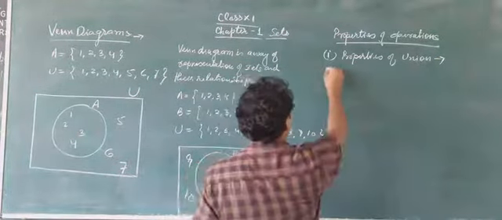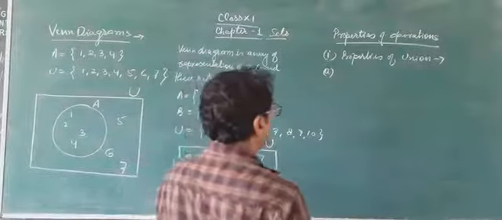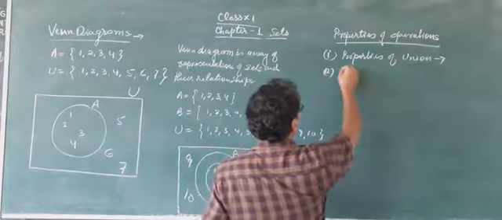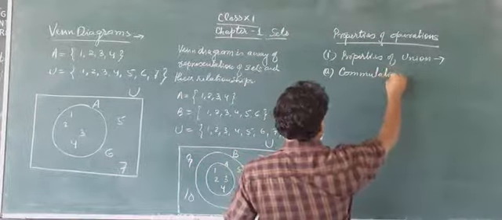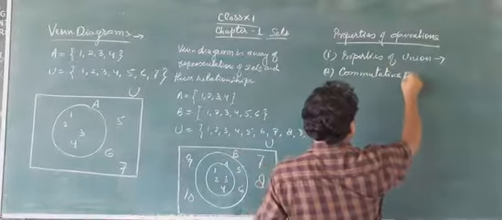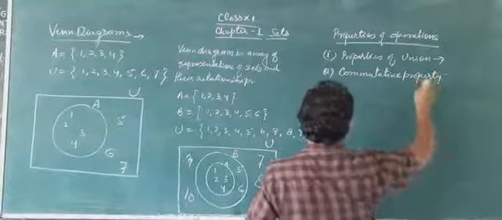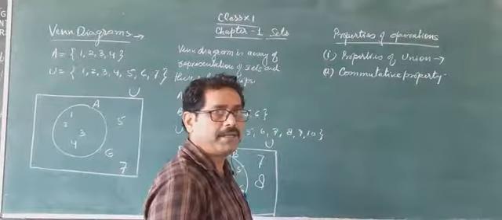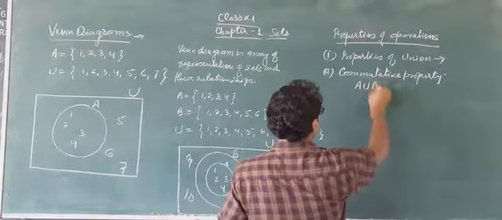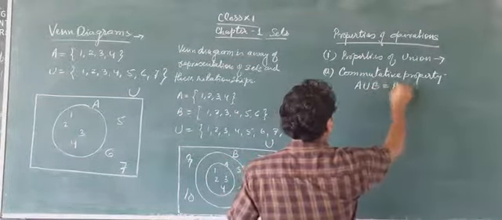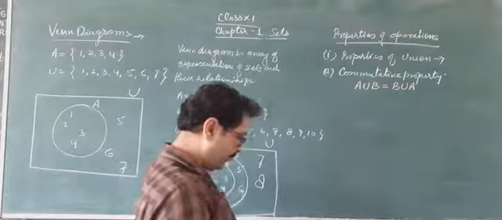In this, the first one is the commutative property. Commutative property means if there are two sets A and B, then A union B is equal to B union A. So this is the commutative property.